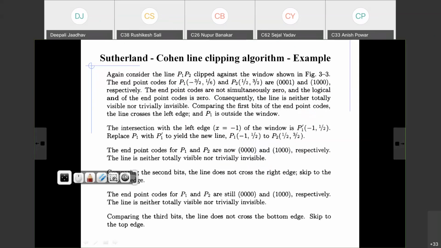Okay, so the same example we are going to see here. I am going to draw the clipping window here so that you can understand it.